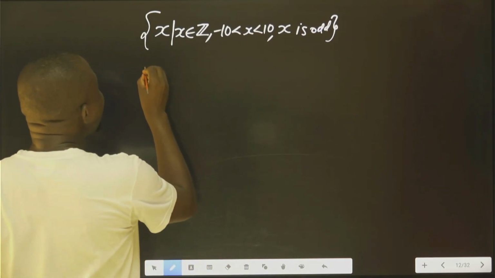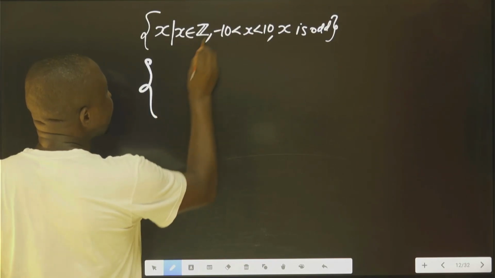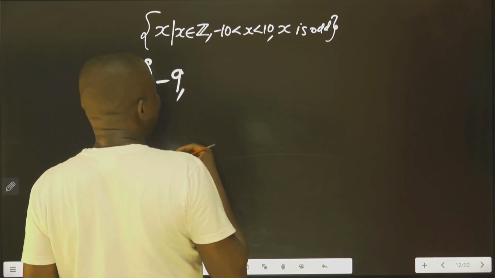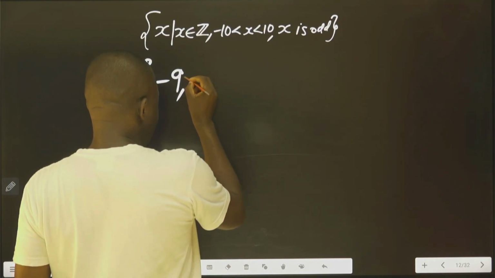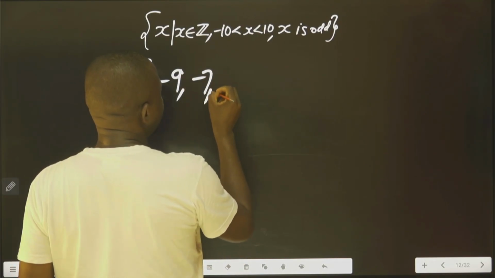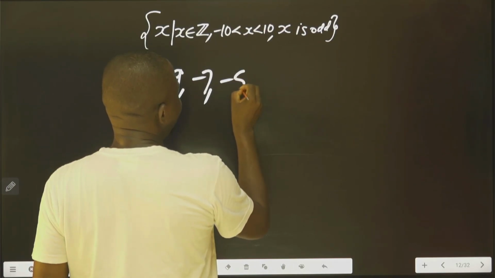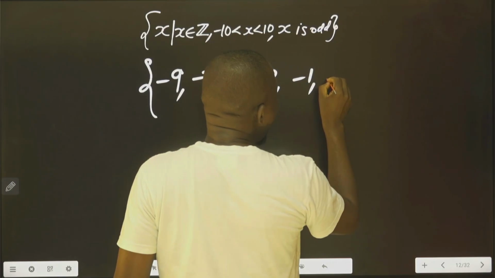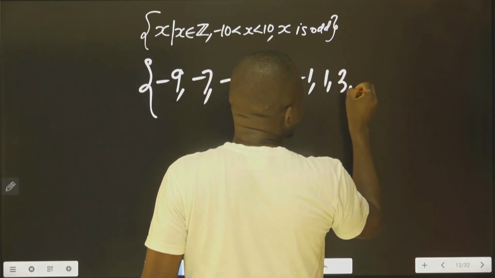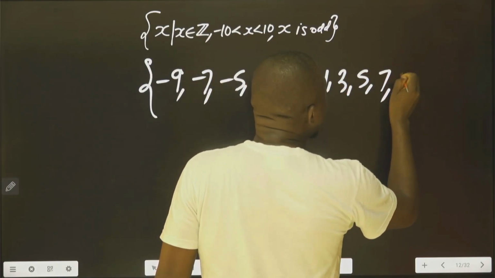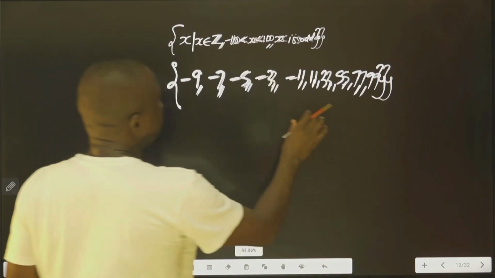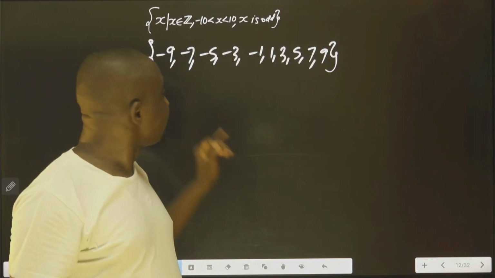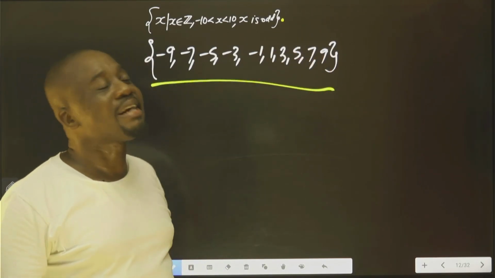Okay? It means we're going to start from the odd. Here, minus 9 is odd and is greater than minus 10. Another odd is minus 7, minus 5, minus 3, minus 1. Next is 1, 3, 5, 7, and 9. These are what this is describing.